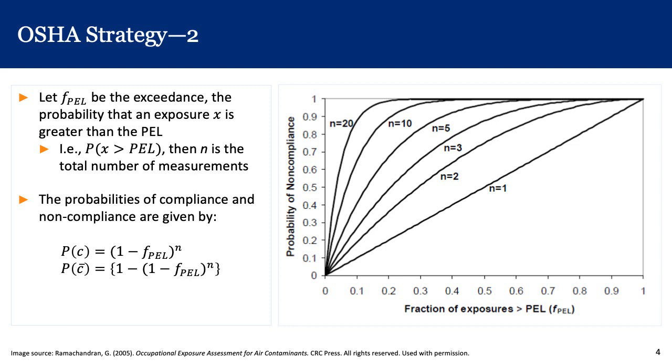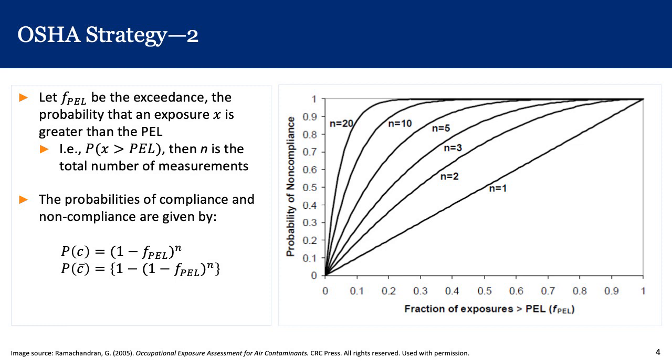And so the probability of overall compliance is the probability of the first one being in compliance and the second one and the third one being in compliance. And that's why you get the squared and cubed and to the power fourth and so on. And so the probability of non-compliance is 1 minus (1 minus F) raised to the power N for N measurements. Even if a single one of those N measurements is greater than the exposure limit, then you are considered out of compliance.